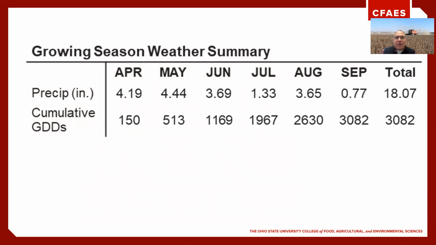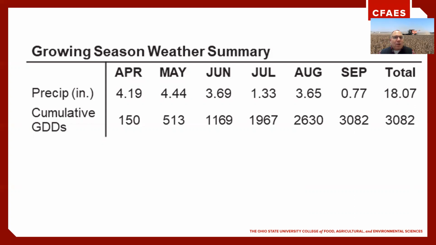As we begin with this project and look at some of the variables that affected our outcome, one thing that you will notice from this particular plot and the time frame that it was planted is that we planted this project on June 2nd. As you can see, we pretty much lost April and May due to rain.